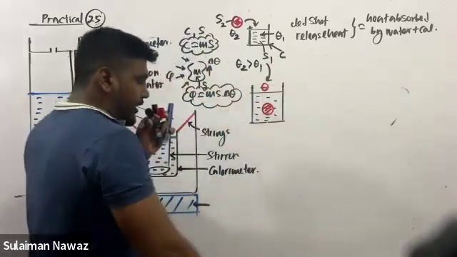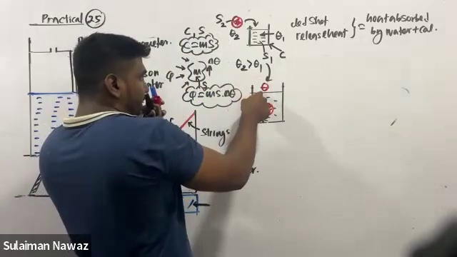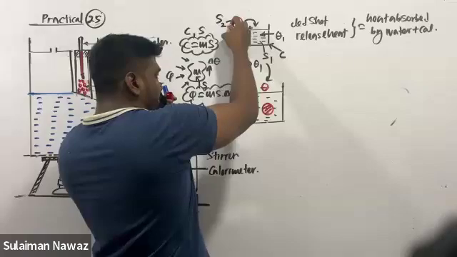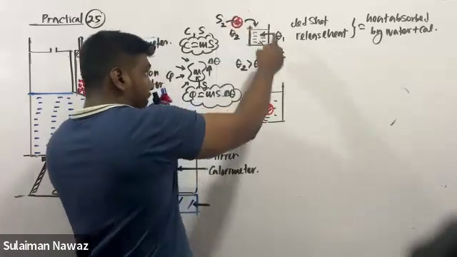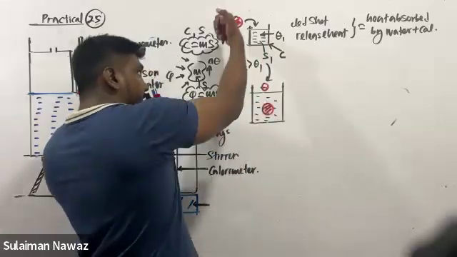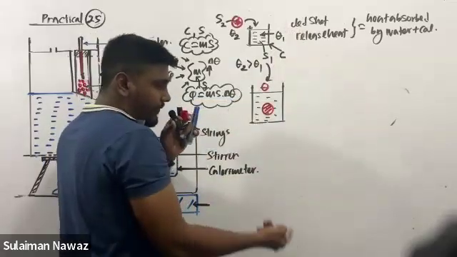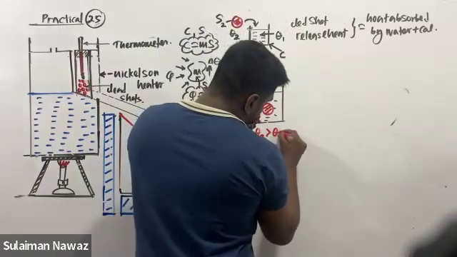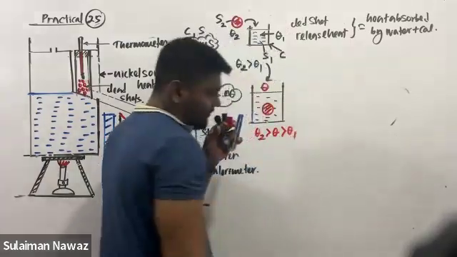If I ask you for a relationship between theta 2, theta 1 and theta: the temperature of the lead shot is larger, theta 2 is the largest, theta 1 is the smallest, so theta should be in between theta 2 and theta 1. Am I correct? We know that.